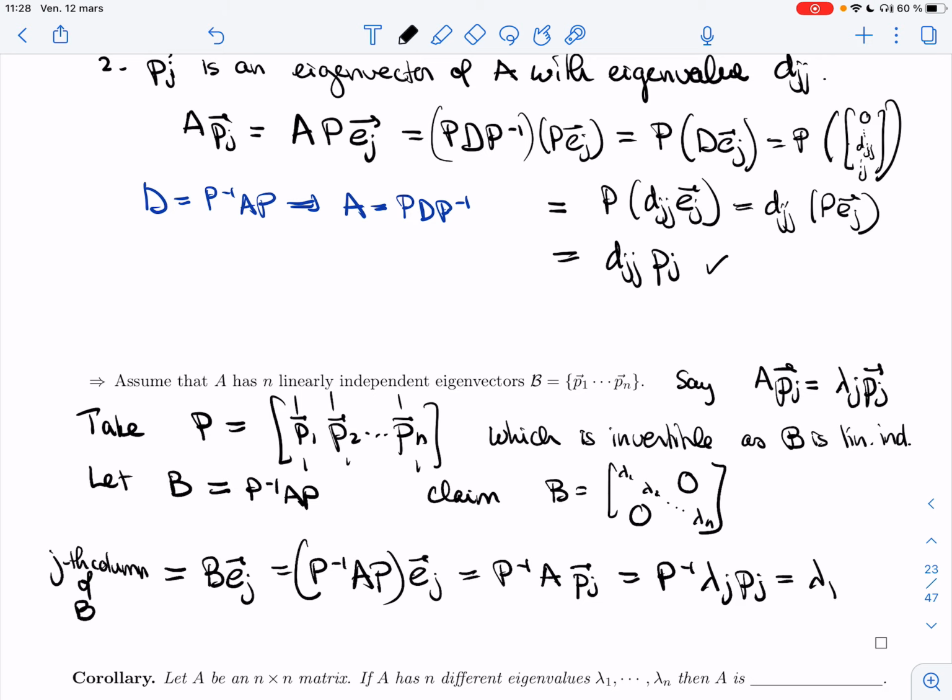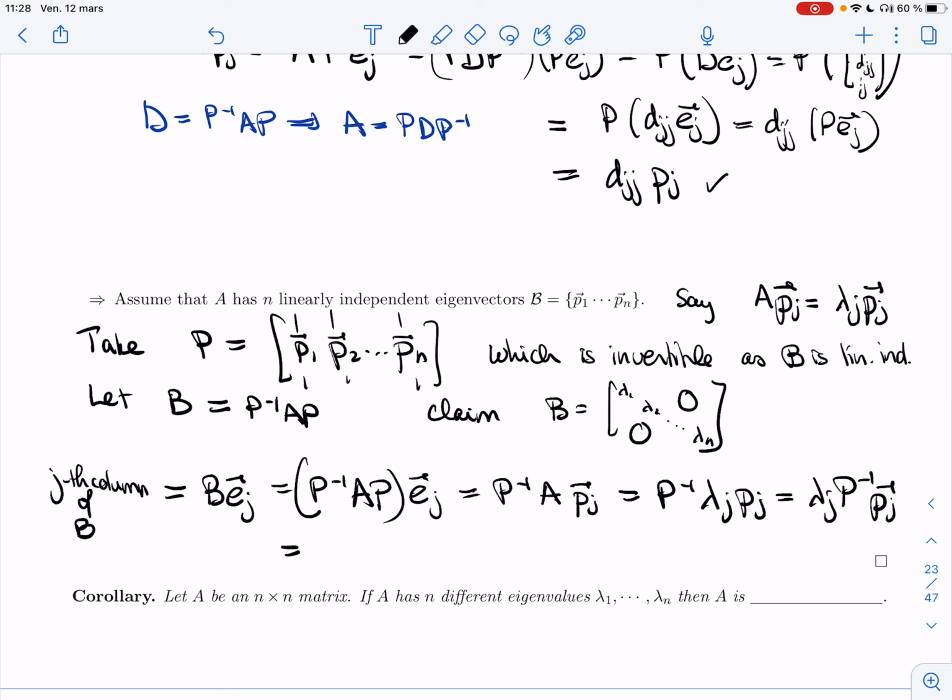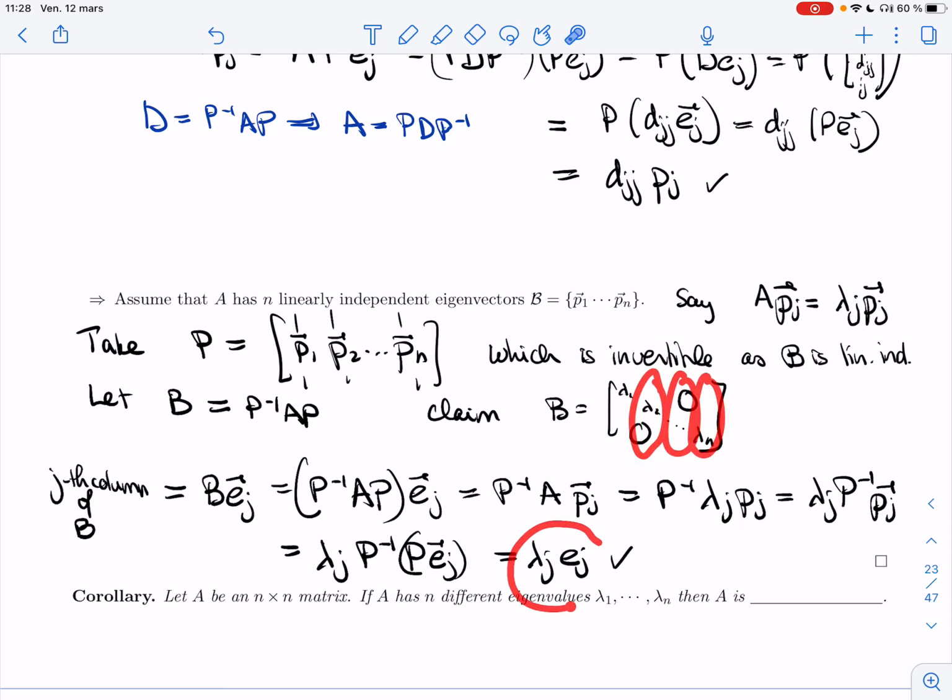I'm going to take the lambda j in front, and now I'm going to write pj as P Ej, and then the P and the P inverse will cancel, and I get lambda j Ej. And so I've shown that all the columns are just 0 everywhere except on the diagonal where I have a lambda j. All right, so this means that A is diagonalizable.